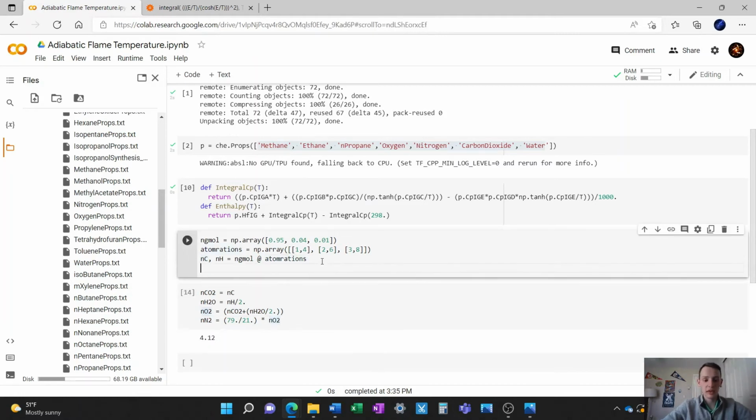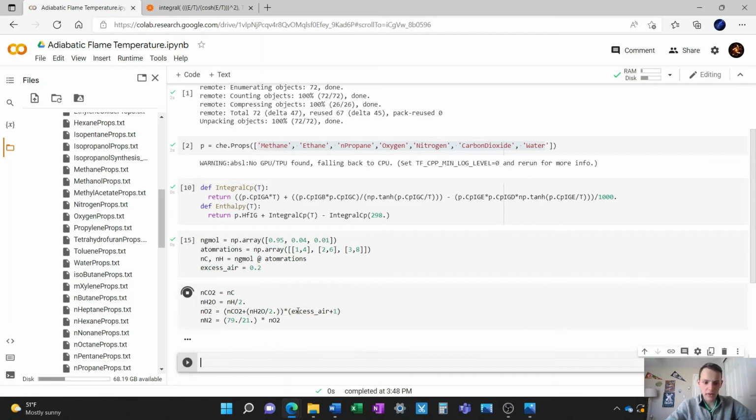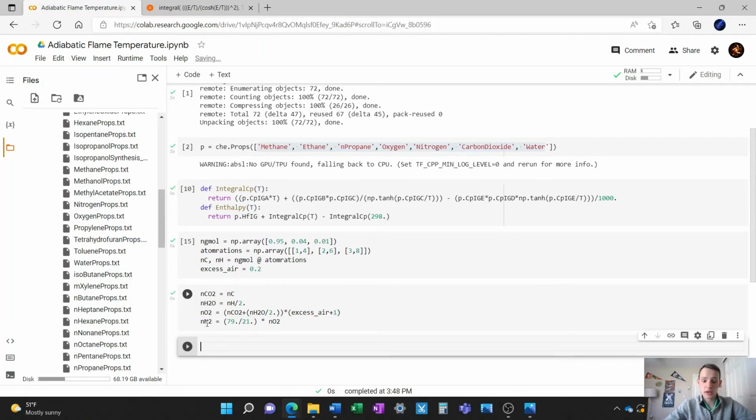But just so that in the future someone could adjust this, let's call this excess air, and this is going to be 20%, okay? Now, I can multiply this by excess air plus 1. And then I don't have to worry about my nitrogen because the number of moles of nitrogen is already based on the number of moles of oxygen.